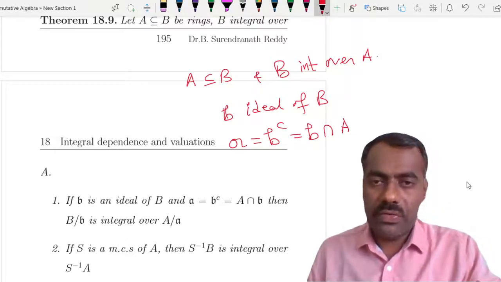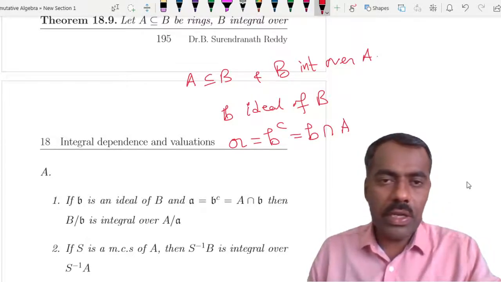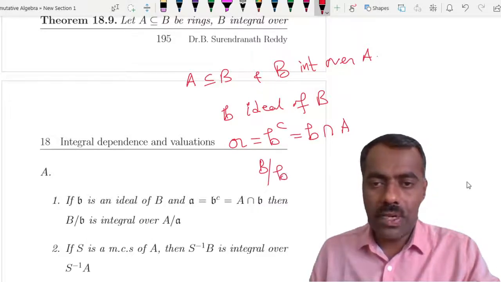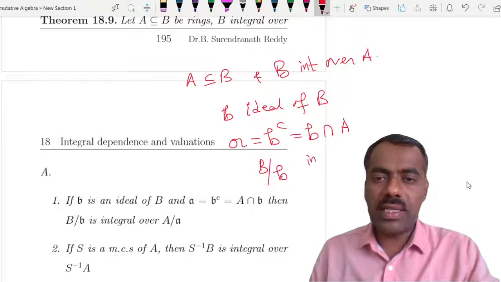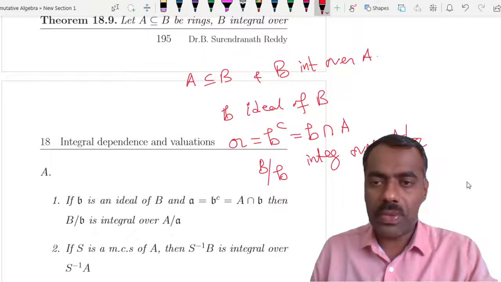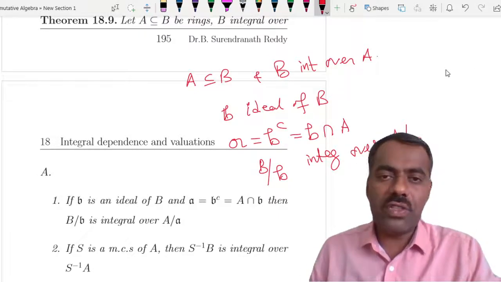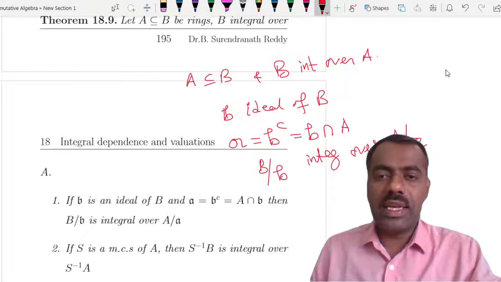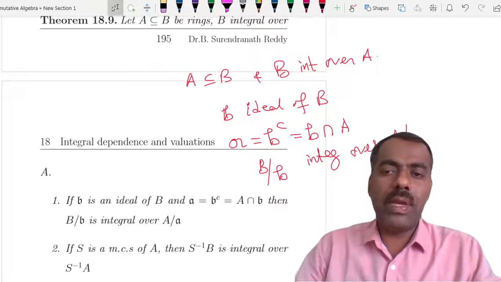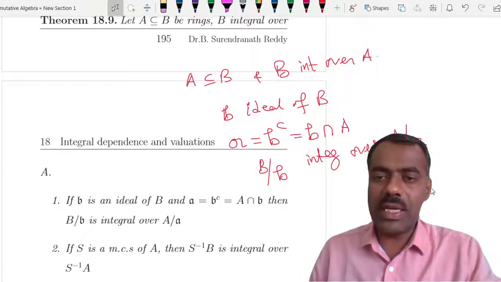So you have an ideal here and correspondingly an ideal here, namely the contraction. Then B modulo 𝔅 is integral over A modulo 𝔄, where this 𝔄 is nothing but the contraction of 𝔅.